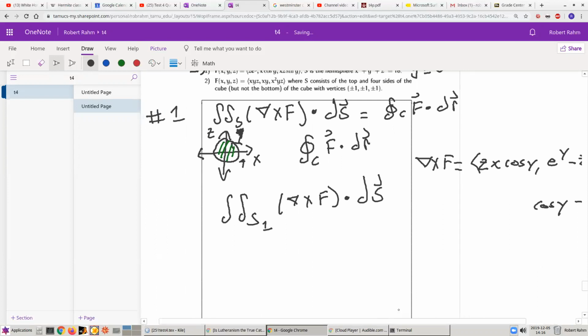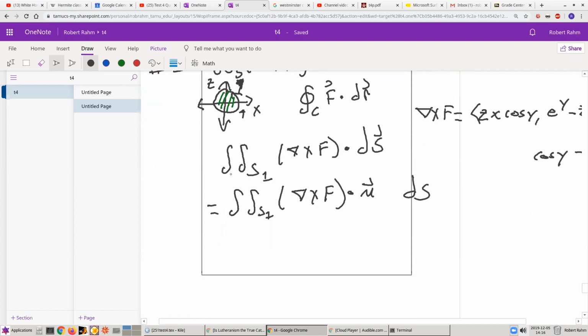So how do we define this? This is the surface integral of the scalar field, curl of F dotted with the outward pointing normal vector, dS. This is just how we define the surface integral of a vector field, in terms of the surface integral of a certain scalar field.